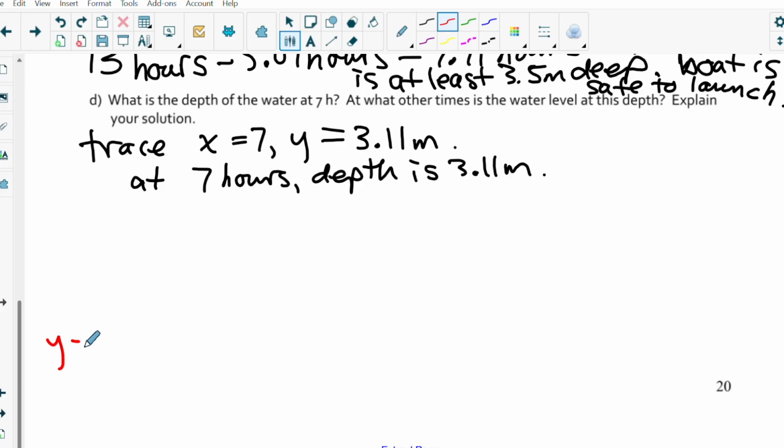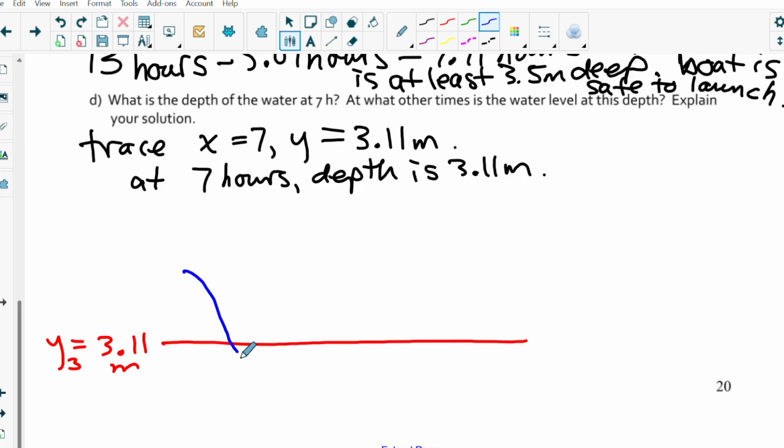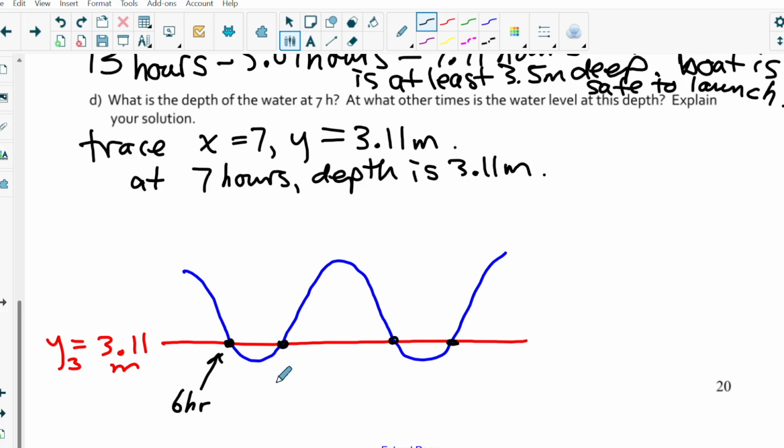If I say this is y3 equals 3.11 meters, and I draw this, that's the line, right? What does my sinusoidal function look like? Something like this. Okay, if I do the intersect function, this is at 6 hours, this is at 7 hours, this is at 19 hours, this is at 20 hours. So you can do this on your graphing calculator.